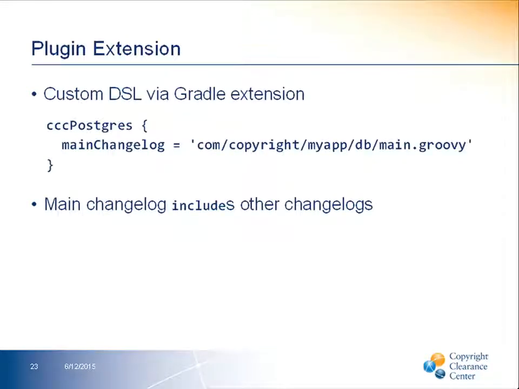We created a plugin extension, and the key part of that was what we called the main changelog, and that's sort of the entry point. Changelogs can include other changelogs, but you don't want to have to say at deploy time, well, run these 9 changelogs or something like that. So have an entry point, a top-level main changelog that includes all the others, and that's what this is.